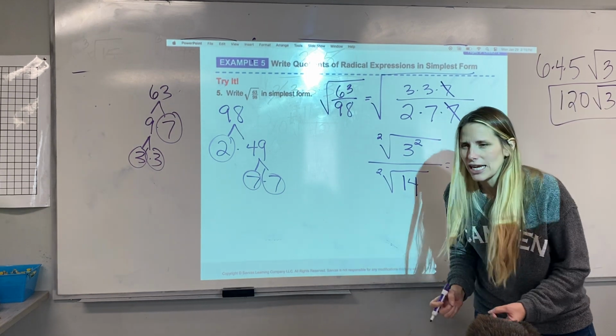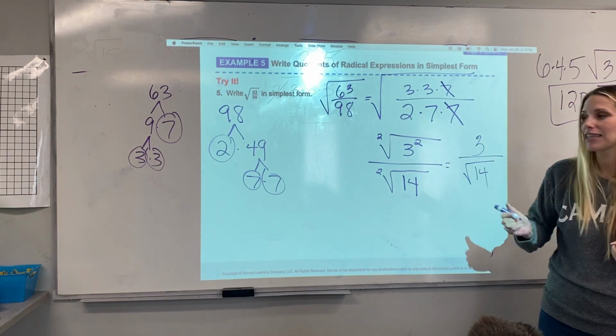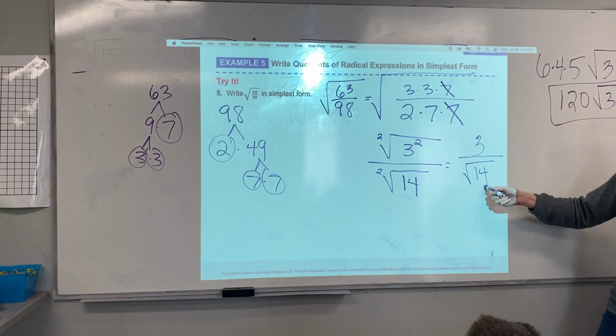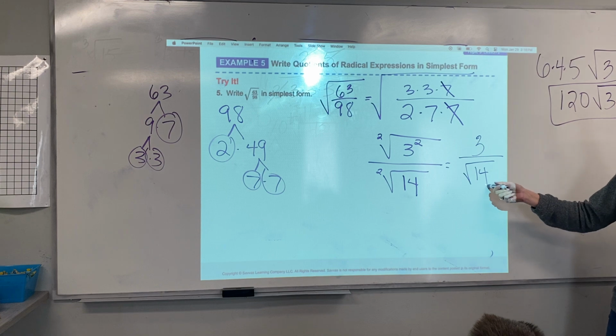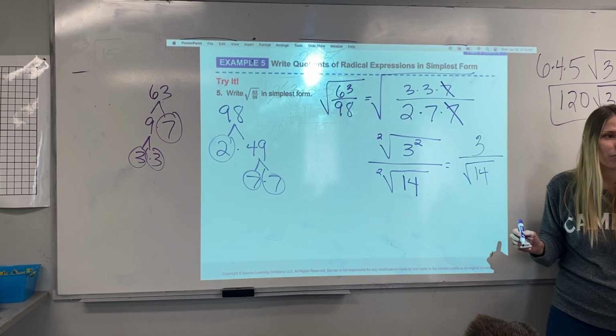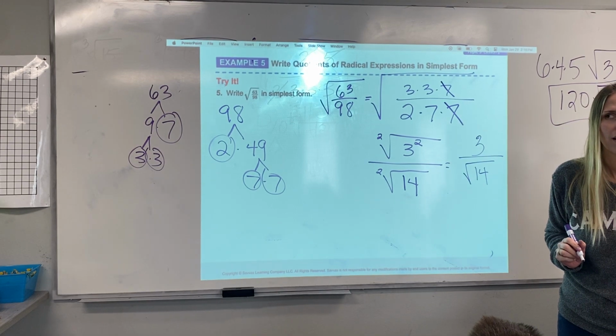We're doing a jailbreak here. He wants to break free, so he needs a little help. What can we multiply radical 14 by to break him free?